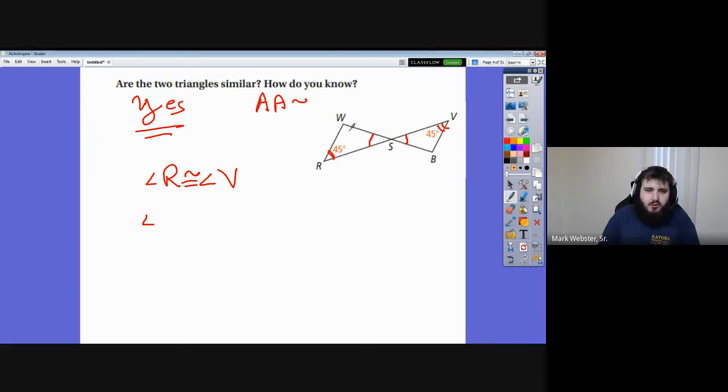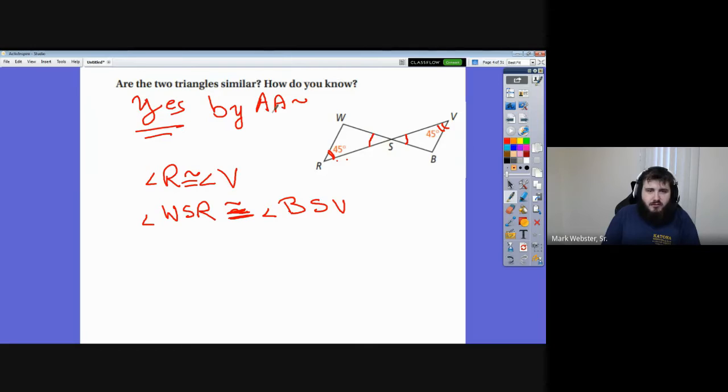I don't know. So WSR, that's the one I'm talking about here, is congruent to, well, W goes with B, R goes with V, right? Angle BSV.